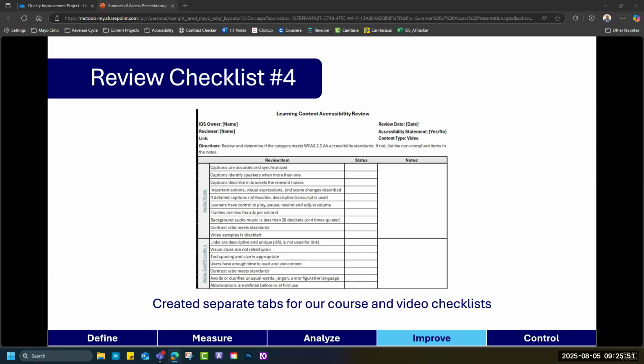We'd save each one for future updates, a record of what we learned. And then also now, as we bring this forward to the rest of our team, we have this consistent approach of what we're looking for within accessibility during our review process. So we anticipate incorporating this accessibility checklist into our final quality assurance review, right before a course is published, to double check this.